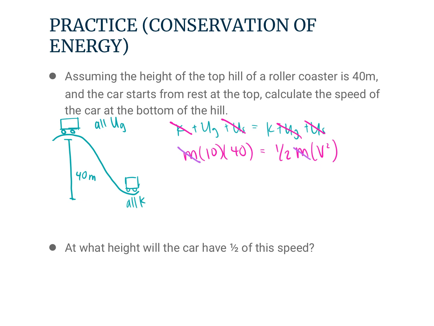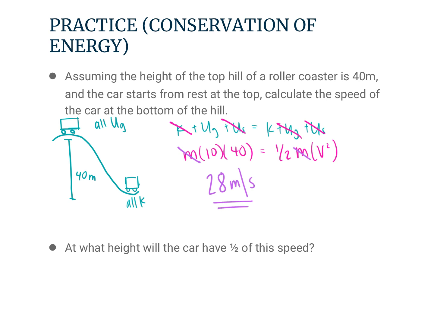And I want to find my velocity. Did we end up with somewhere around 28 meters per second? 28.28, but I'm just going to keep it here for right now.